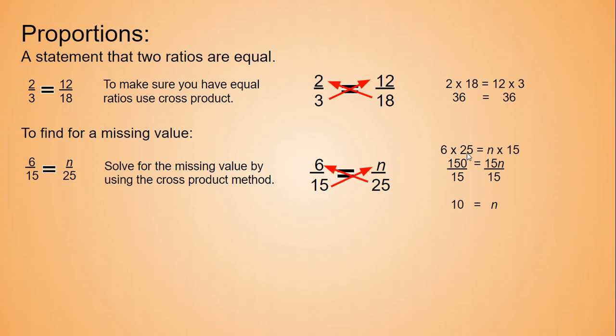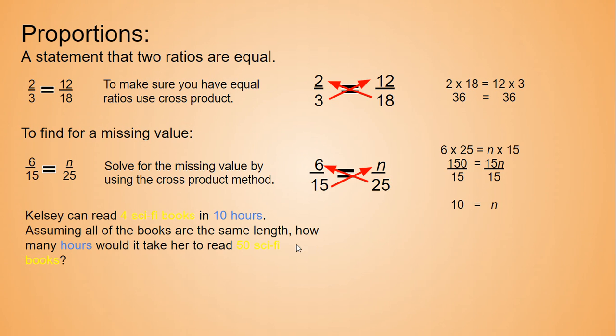So we have 6 times 25, which gives us 150, and n times 15 gives us 15n. This created a one-step equation. The opposite of multiplying is to divide, so we divide both sides by 15. 150 divided by 15 gives us 10, so n equals 10.